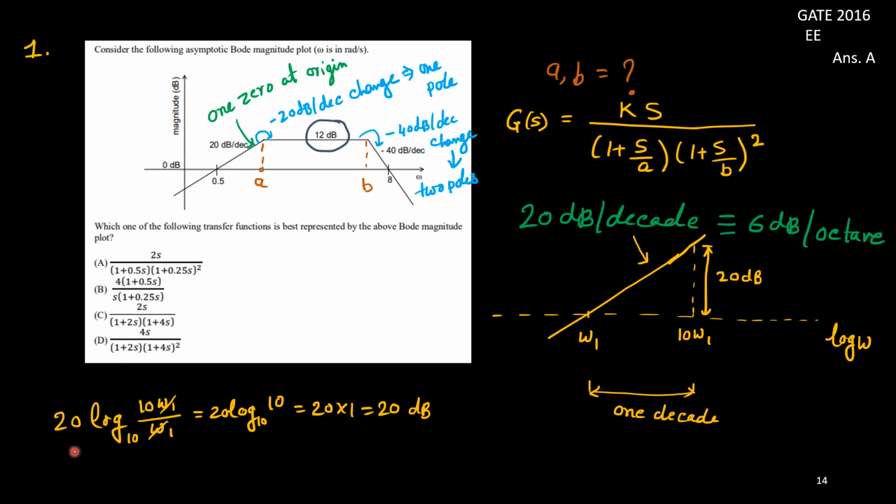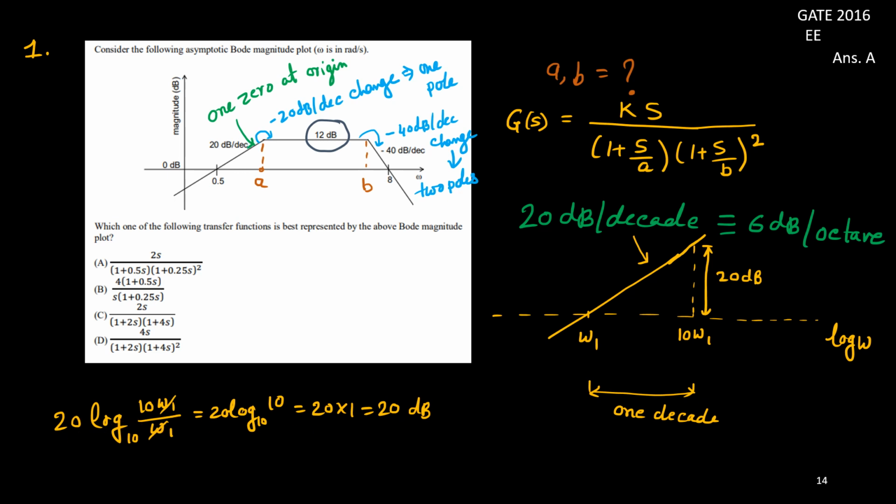And that I can show you here: 20 log base 10 of 10 omega 1 by omega 1. This will cancel, so it is 20 log 10, and log 10 base 10 is 1, so it is 20 dB. Okay, this simple thing, this by this. So same thing we have got earlier. The difference is that it is frequency by this frequency, the log of that times 20.